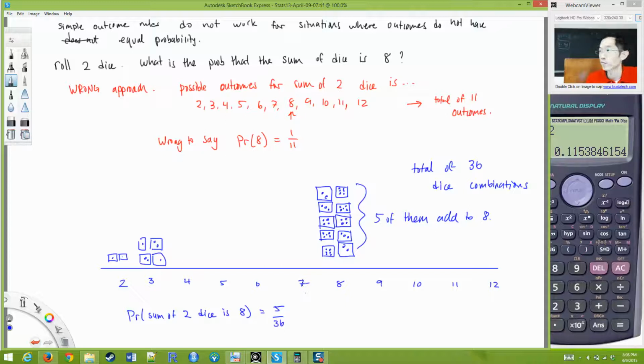But that only works if you already know the total combinations. You know that there are 36 dice combinations, but I didn't know that. You can list off every single possible dice combination.